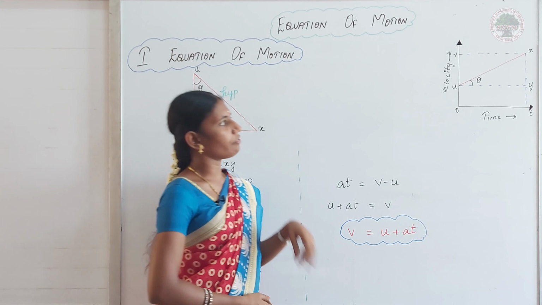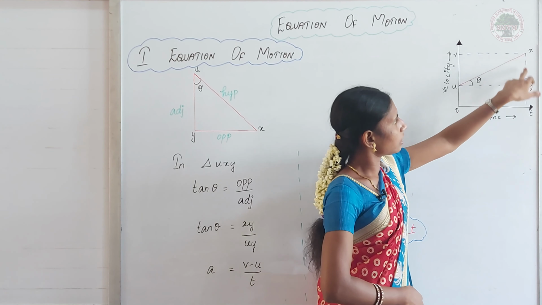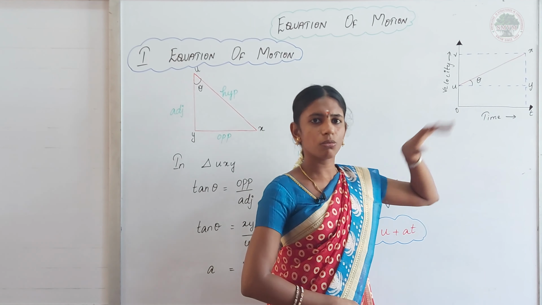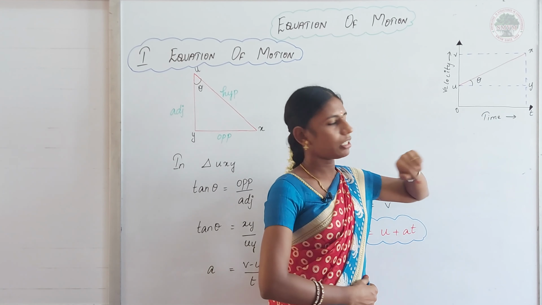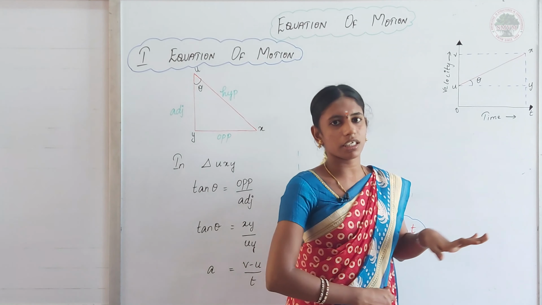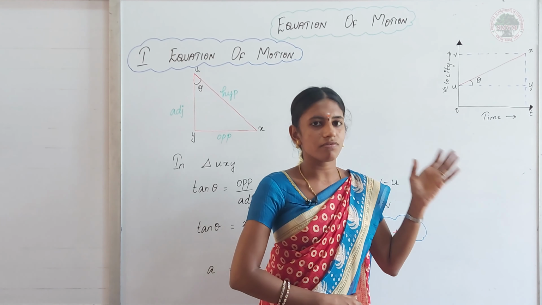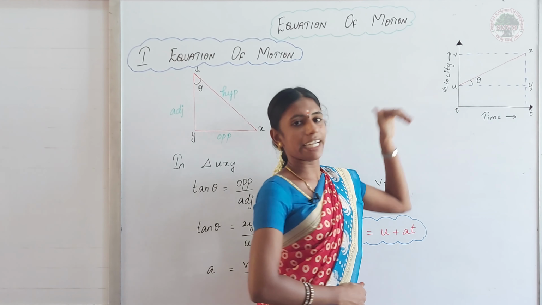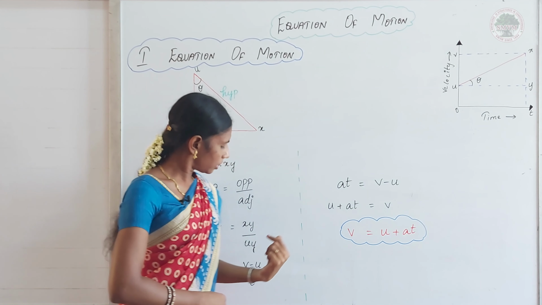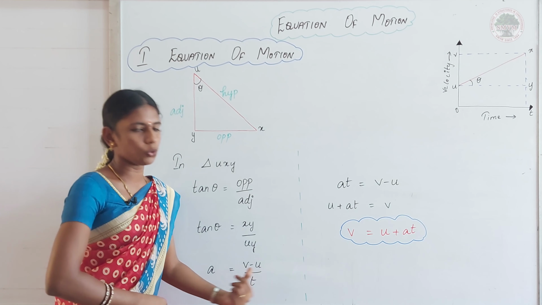Now look at the graph, XY. What does it say? It gives the velocity, right? Whenever we calculate the velocity change, we subtract the initial from the final. So final velocity minus initial velocity, that is v minus u.